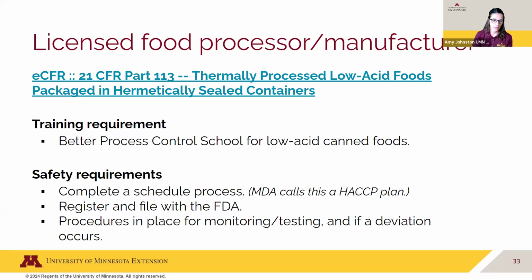After completing the training, you'll be able to establish your own procedures. You'll complete a scheduled process, and that scheduled process includes all of the processing steps related to the safety of that food. That scheduled process is then reviewed by a process authority to ensure that everything is done properly to prevent those food safety risks.